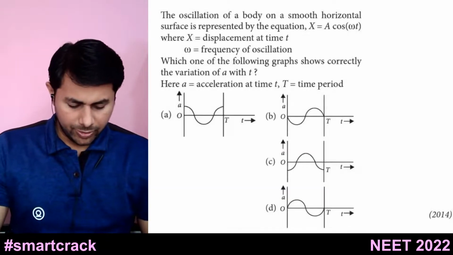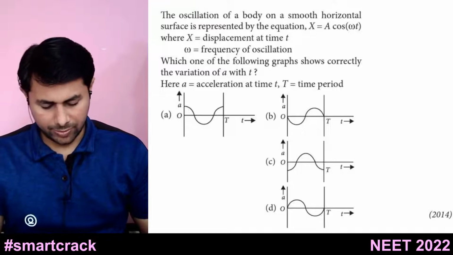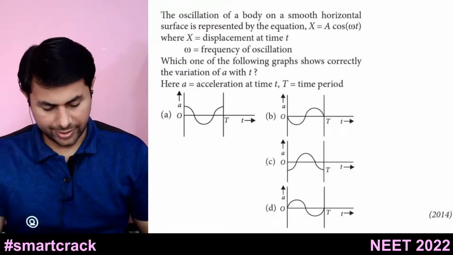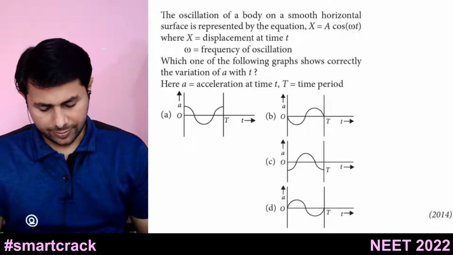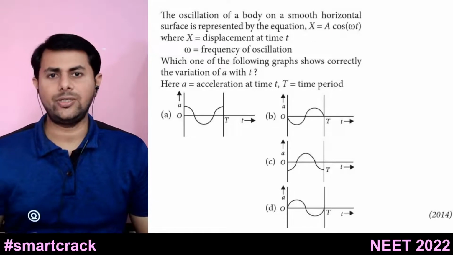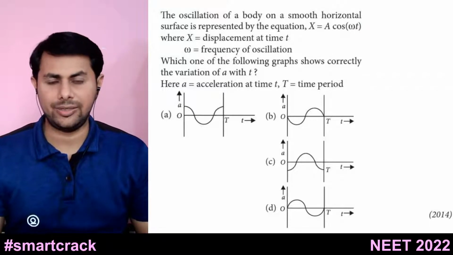So let's move on to the next problem. The oscillation of a body on a smooth horizontal surface is represented by the equation x is A cos omega t. When we read this equation, one thing should pop up in our minds, that the particle is starting from the extreme position.